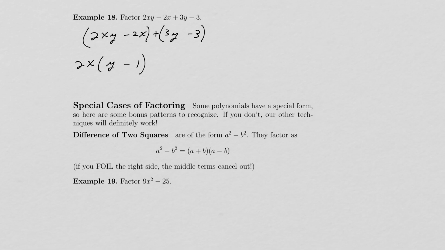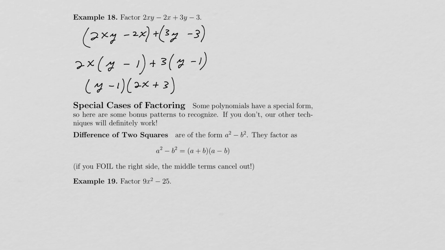Can I somehow get a y minus 1 by factoring something out of the second group? Yeah, if I factor out a positive 3, I'm left with a y minus 1. So now the y minus 1 is common, so I can pull it out front, and I'm left with 2x plus 3. So sometimes grouping will work. In most cases it actually won't work, but for the examples that we give you in this class, typically if you have 4 terms, grouping will work.